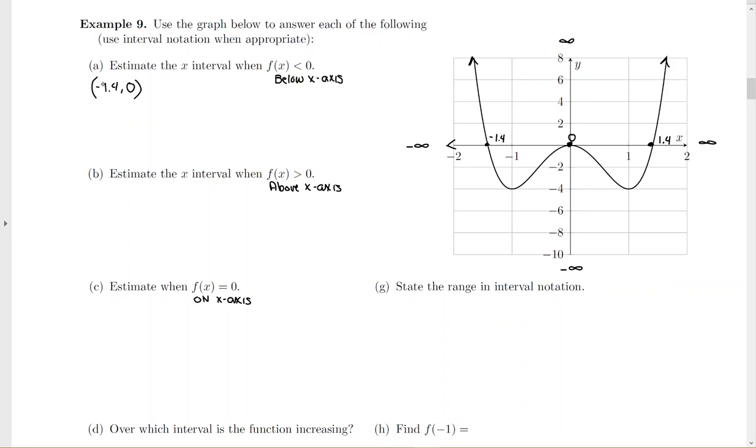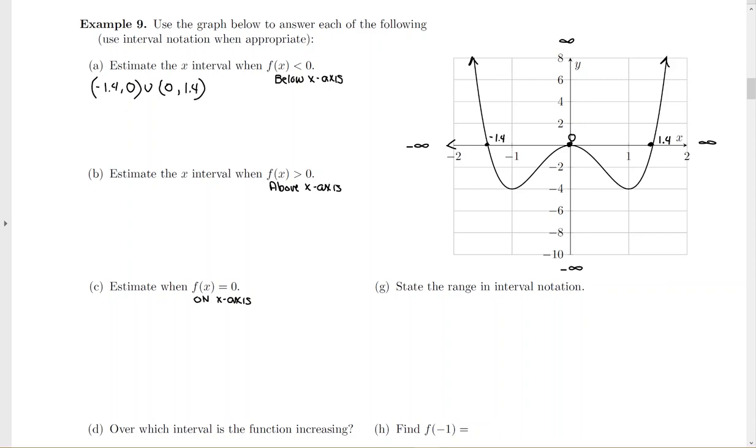If I put a bracket on these, that means I'm on the x-axis as well as underneath it. Then starting again at 0 with a parenthesis, all the way over to the number 1.4. And again, I don't want to be equal. I don't want to be on the axis, so I don't use a bracket. I use a parenthesis here.